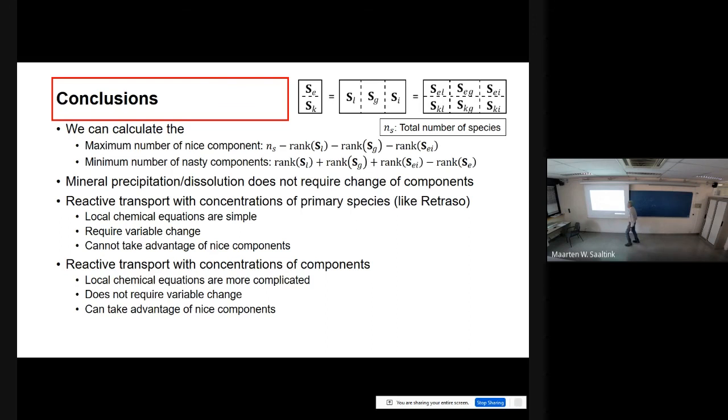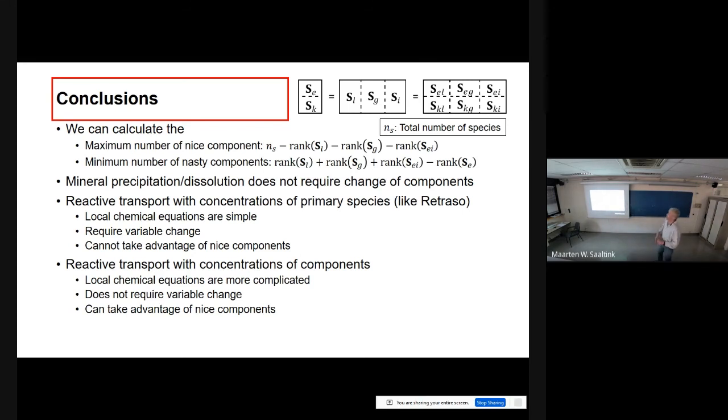If we look at what happens when we use primary species and concentration of components as variables, the local chemical equations that I have to solve are rather simple. It requires a little change, but we cannot take advantage of these nice components.